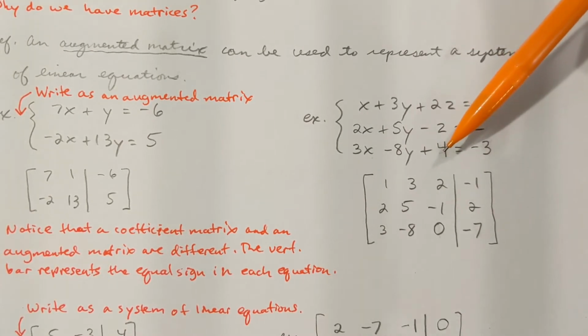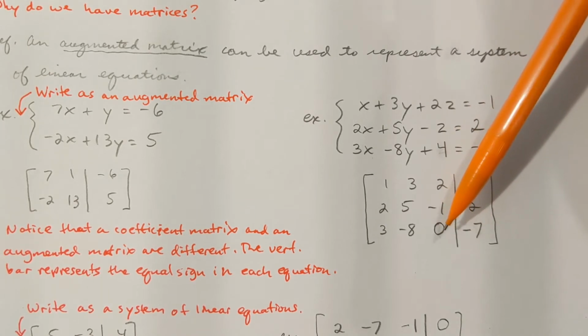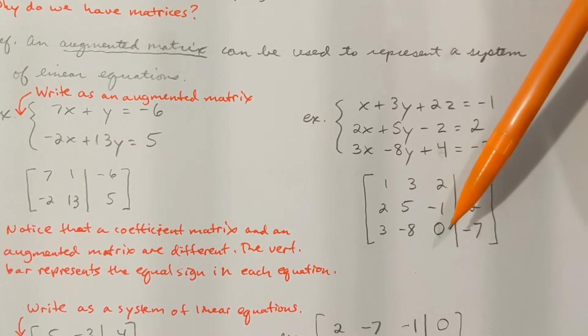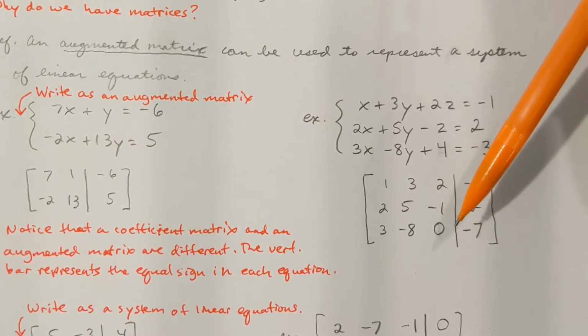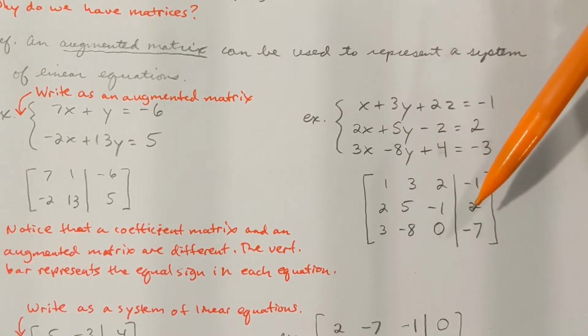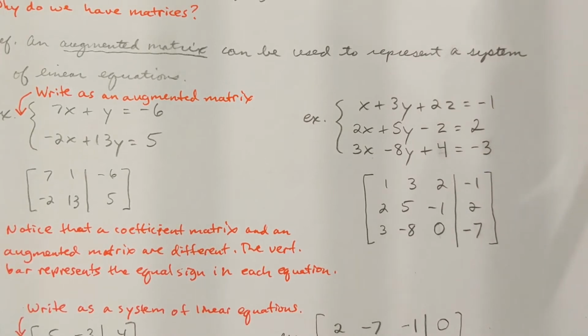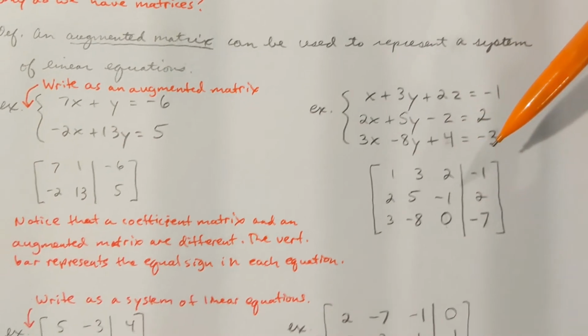Some students would make the mistake of putting a 4 in this spot. You don't want to do that because we don't have any z terms. The point is to have you see that when you're picking off the coefficients to form the matrix, make sure that the equation is in a simplified form beforehand. Here equation 3 was not simplified.